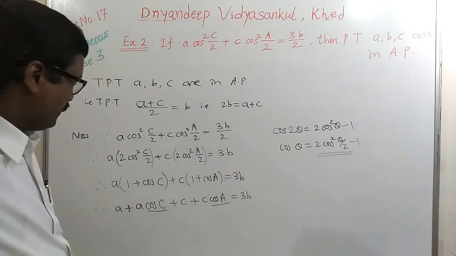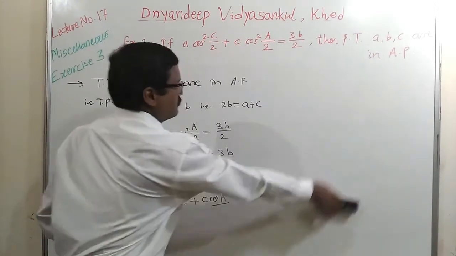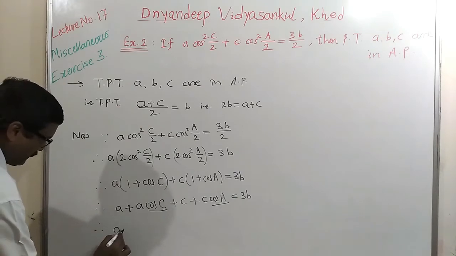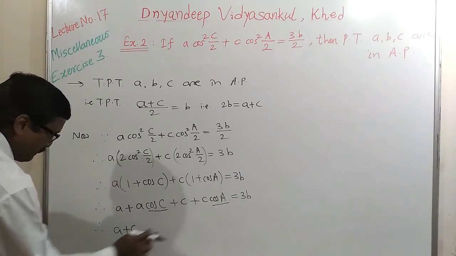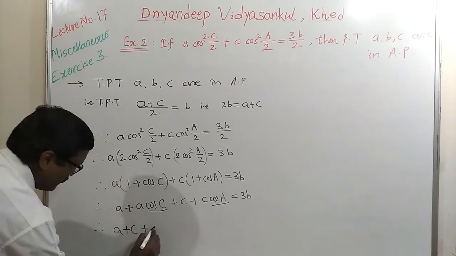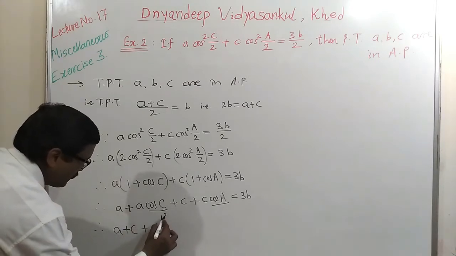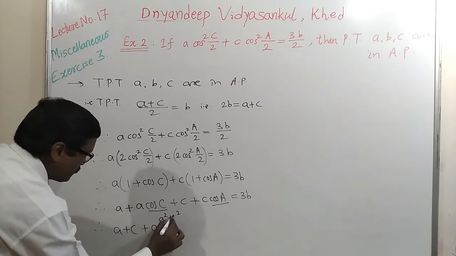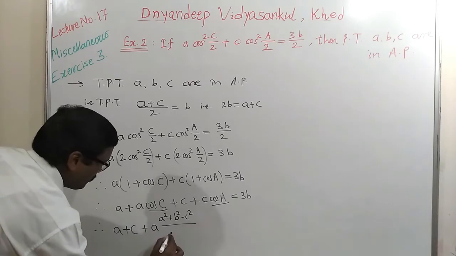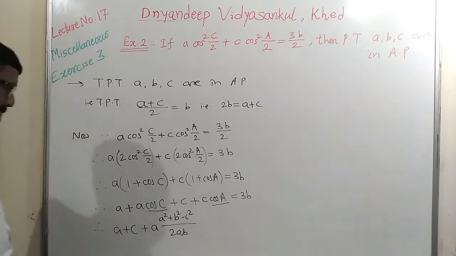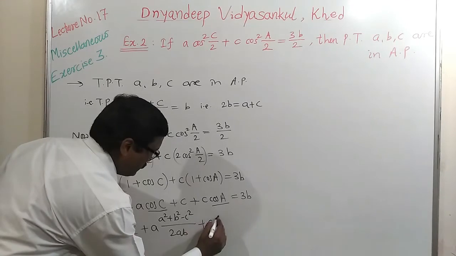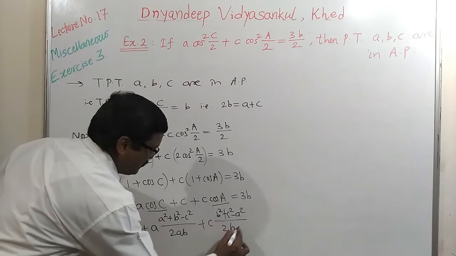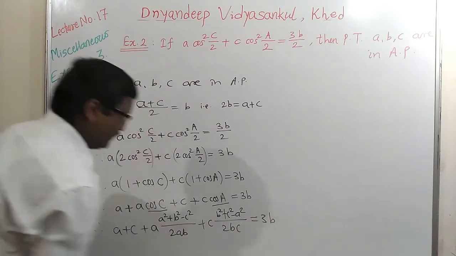Let us first solve by using the cosine rule. Therefore, a plus c, this c I am writing here. Now a cos C: a into cos C is a square plus b square minus c square upon twice ab. This c cos A is c into b square plus c square minus a square upon twice bc, and it is equal to thrice b.